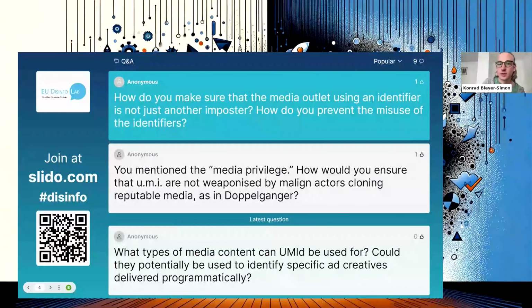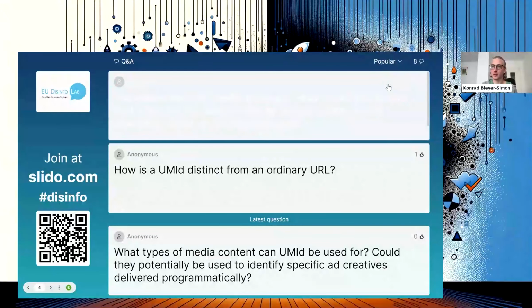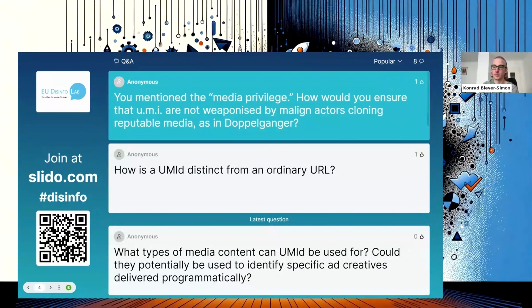Yes, and regarding the media privilege, of course, we don't know how exactly the media privilege is going to look like, but let's imagine that you're the BBC and you want to get special treatment on social media. One way to do so would be to communicate with the issuers of the unique media identifiers and share with them a list of social media accounts that you take responsibility for.